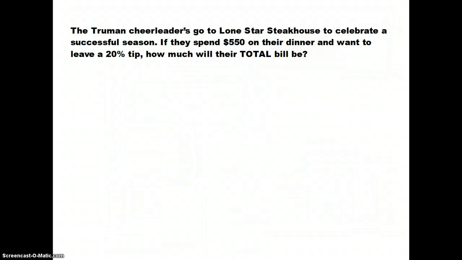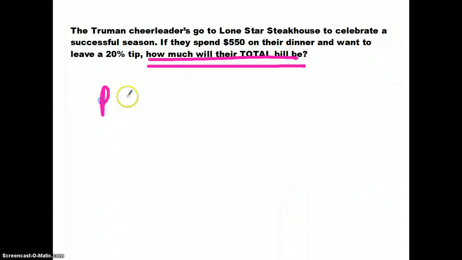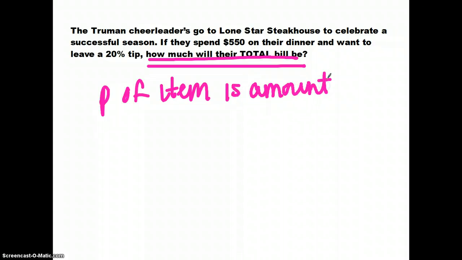Next one, the Truman cheerleaders go to Lone Star Steakhouse to celebrate a successful season. If they spend $550 on their dinner and want to leave a 20% tip, how much will their total bill be? It's another two-part question. So I have P of item is amount.